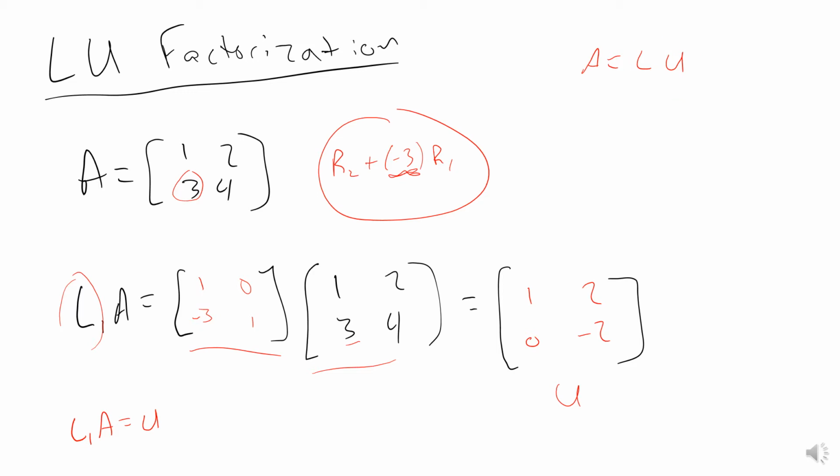But based on what we've done so far, if L1 times A equals U, then A will equal L1 inverse times U. If I multiply both sides of the equation on the left by L1 inverse, then L1 inverse times U would be the same thing as A.